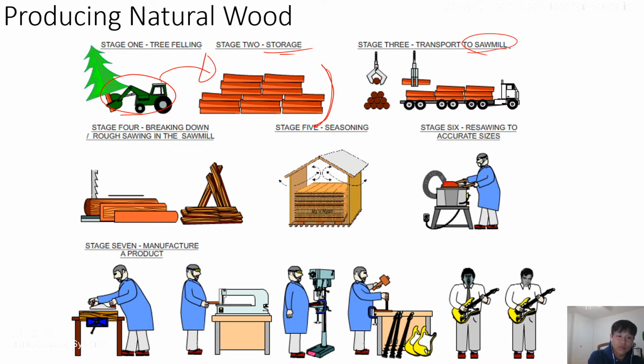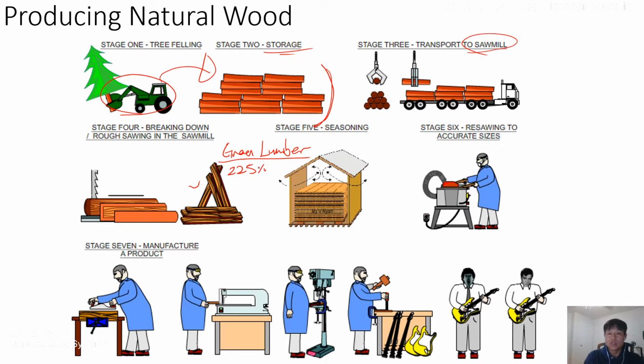The sawmill is a wood factory. In the wood factory, they cut the wood following the standard procedure to the standard size. Once the sawmill produces the wood, it is called green lumber. Green lumber is almost natural wood cut to standard size, but it usually contains lots of moisture, usually up to 25%.